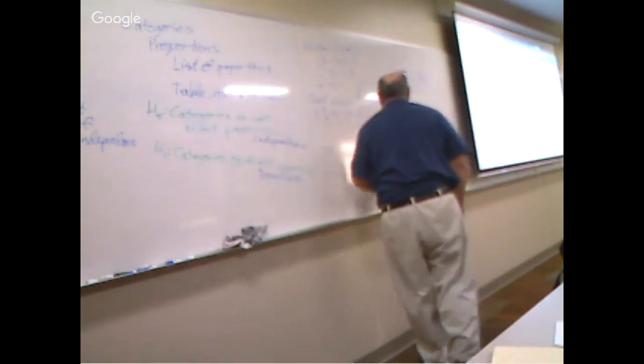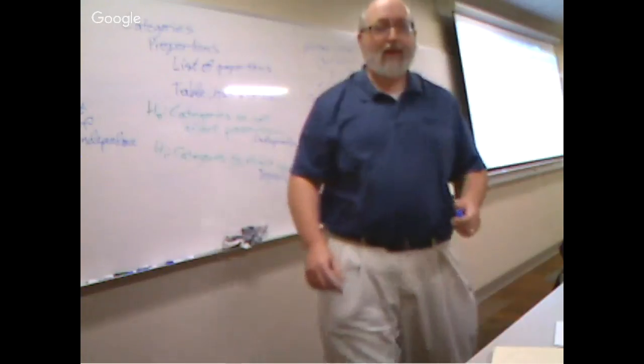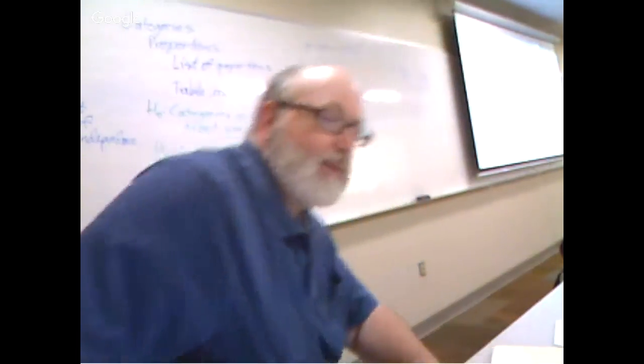So what I need is another table, actually. And I'm going to put a 75 in the first row and the first column. That's my expected value for the first row and the first column.